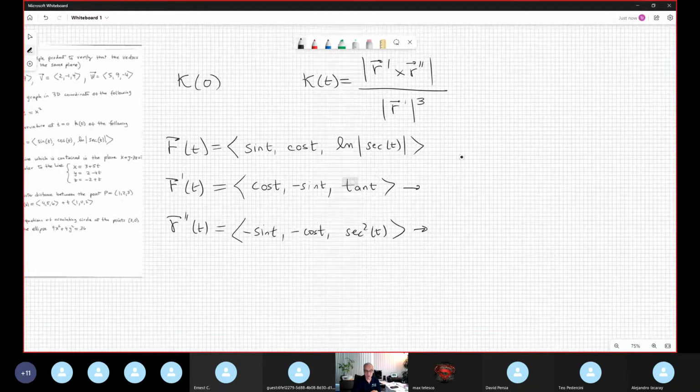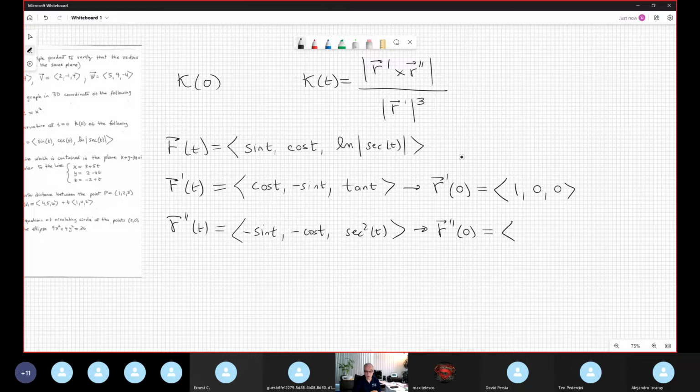No functions. So you evaluate R prime at zero: cosine 0 is 1, sine 0 is 0, and tangent 0 is also 0. This is the velocity at t equals 0. And the acceleration at t equals 0, again, you evaluate: sine 0 is 0, so this negative doesn't affect because 0 has no sign.